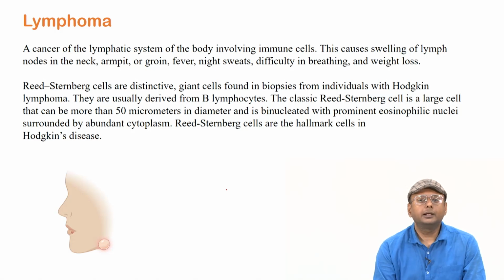Slowly, if the tumor cells metastasize, the tumor can spread to other organs. This is a very aggressive form of cancer, it causes very rapid death, and the survival rate is very poor unless it is detected very early.